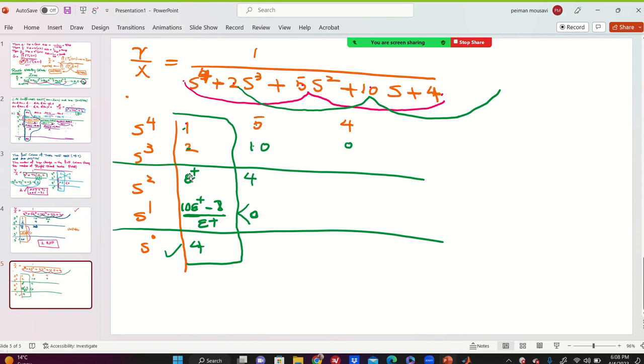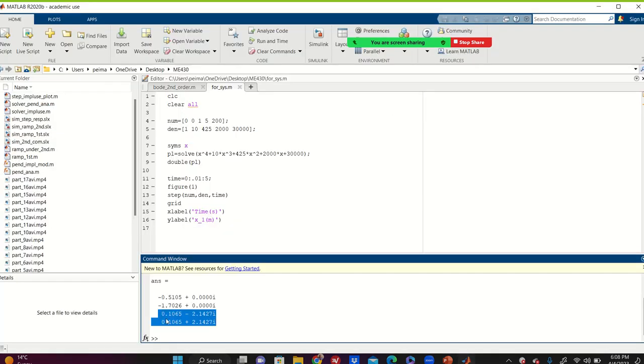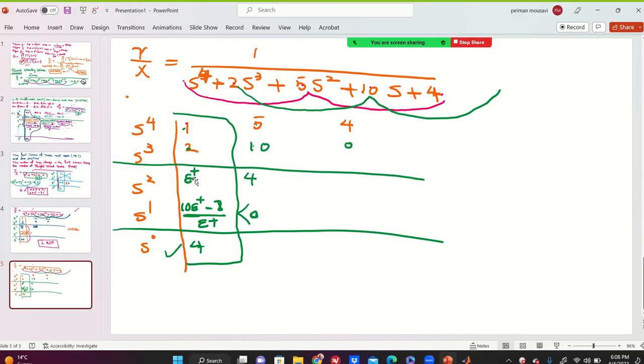You cannot judge the number of the right-hand poles. But here I see this is a positive number to negative, negative to positive. Now you have 2 right-hand poles, and it says a pair of complex conjugate poles in the right-hand side. So you got the point of why I changed the 0 with epsilon?